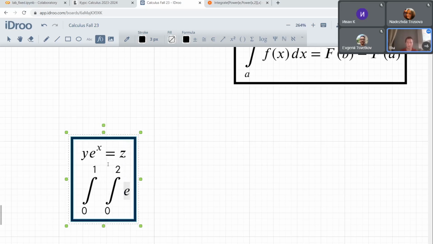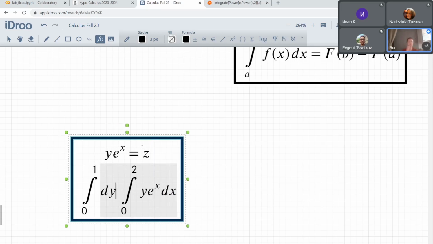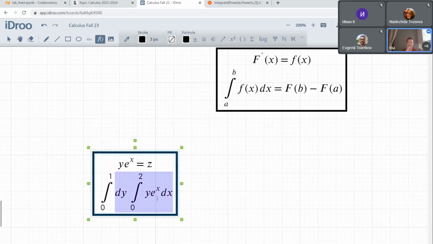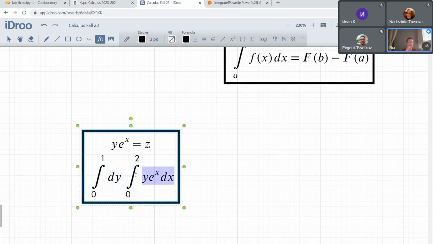That's the simplest case of multivariate integrals.